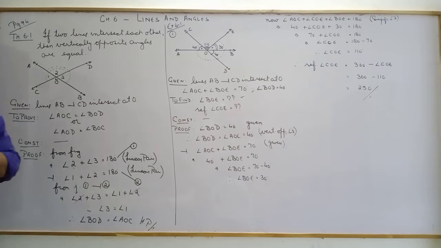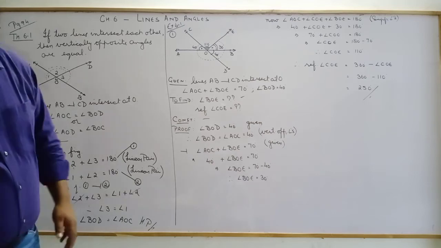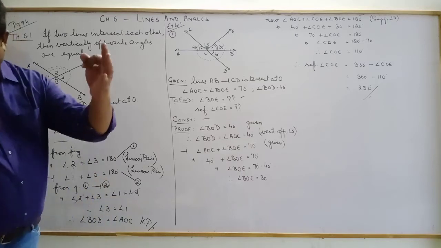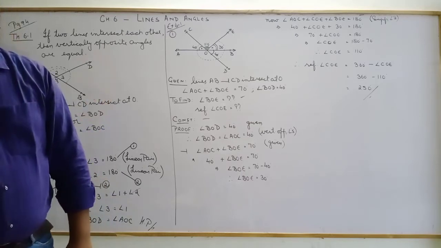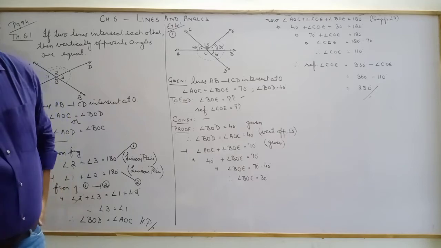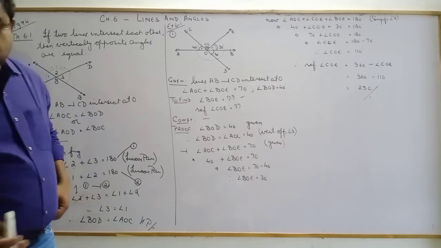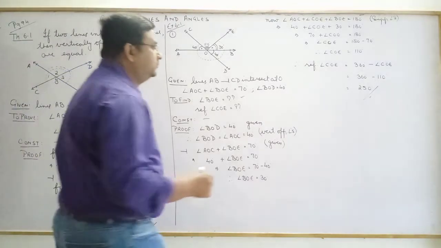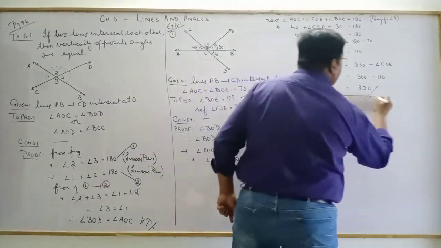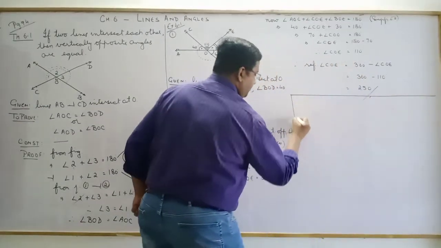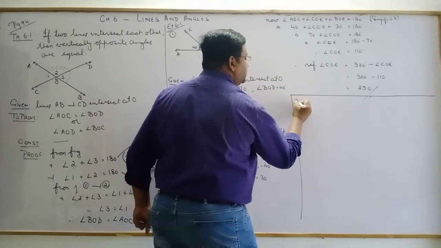Let us come back to some more questions. Interesting questions, very easy questions. Question number 3, you can do this question. In the given figure, angle PQR is equal to angle PRQ, then prove that something. Very simple question. The figure is given to us.